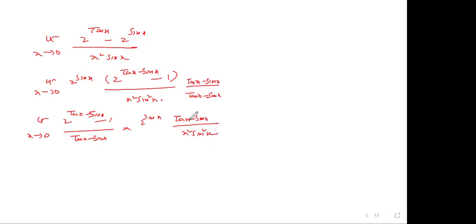Now what I'm doing here, I'm taking sin x common. Limit x tends to 0, (2 to the power of tan x minus sin x minus 1) by (tan x minus sin x), and 2 to the power of sin x, here it will be like this, cos x by x square.